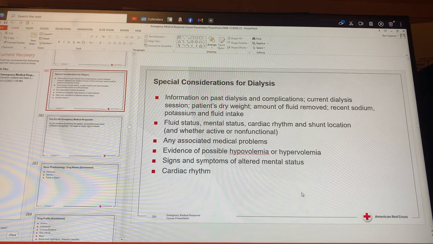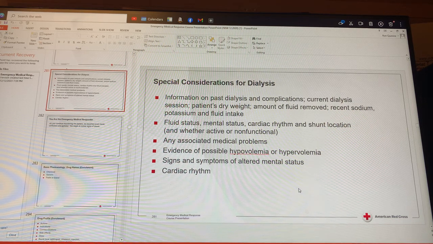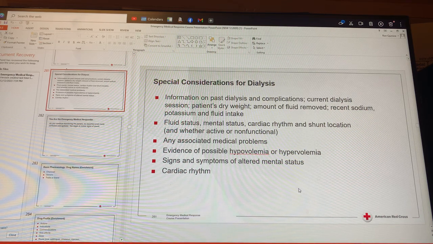Special considerations for dialysis. Patients on dialysis can experience several types of complications. For example, uremia, accumulation of urinary waste products in the blood; fluid overload, reduction in the body's ability to excrete fluid through urine; anemia, hemoglobin deficiency; hypertension; excess potassium in the blood; and coronary artery disease.